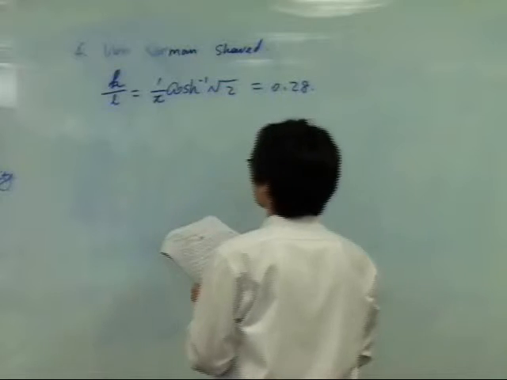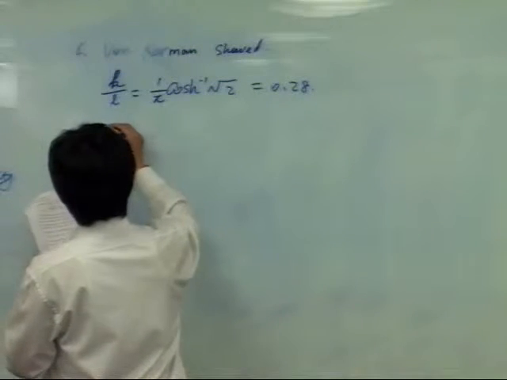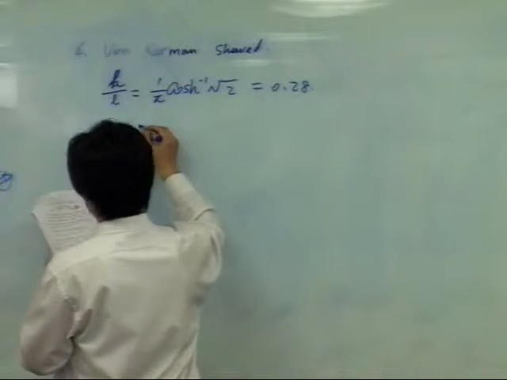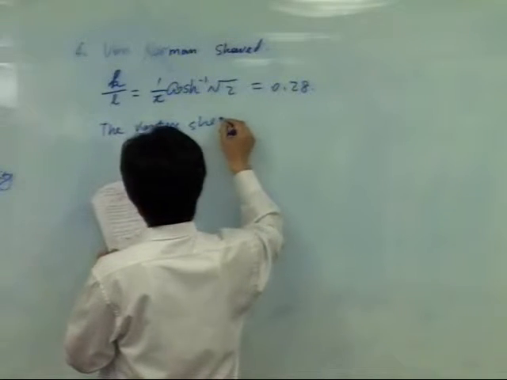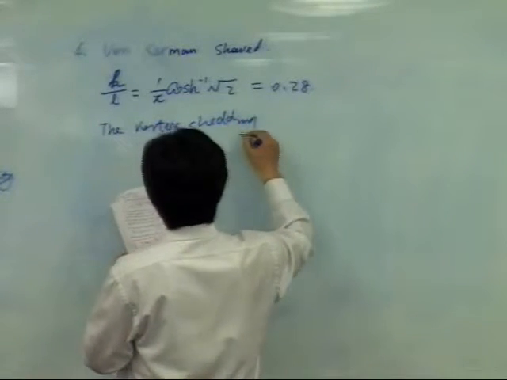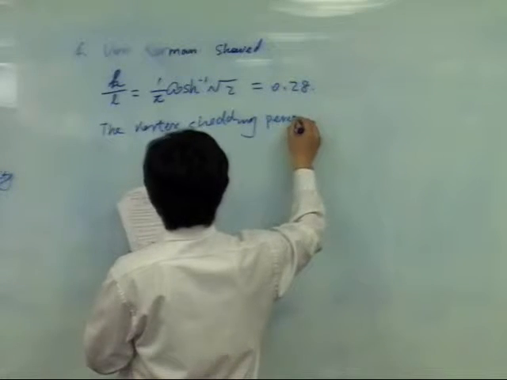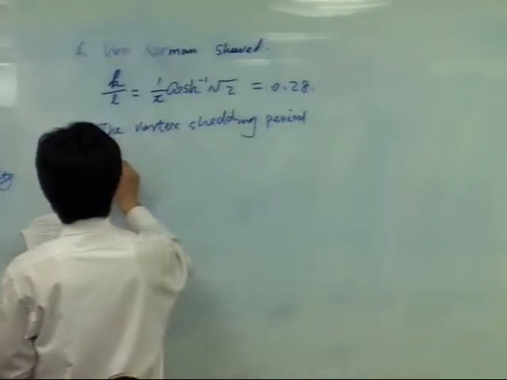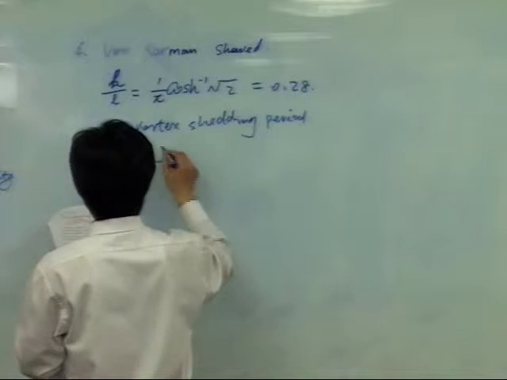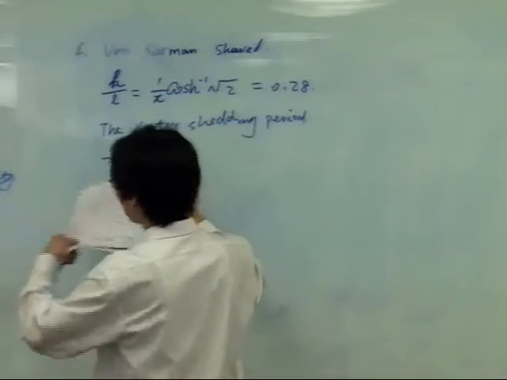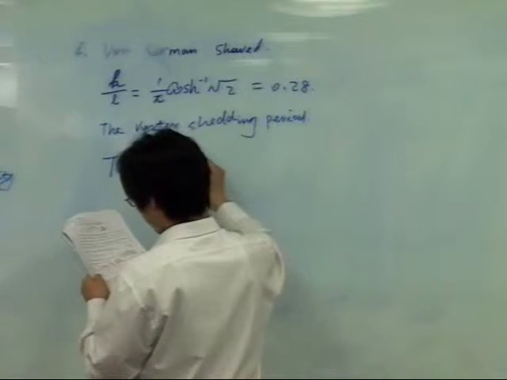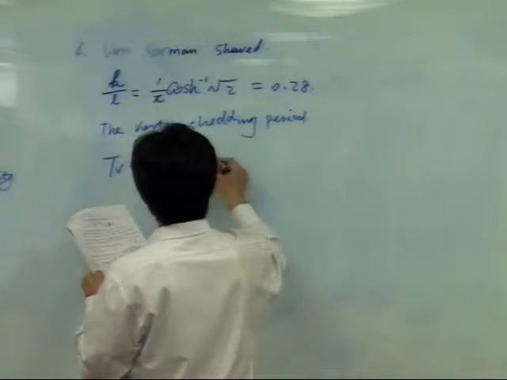So therefore the vortex shedding period can be estimated as T, with D the diameter and U the incoming flow velocity.